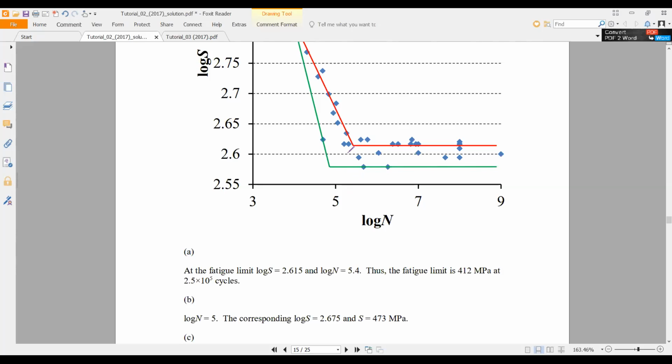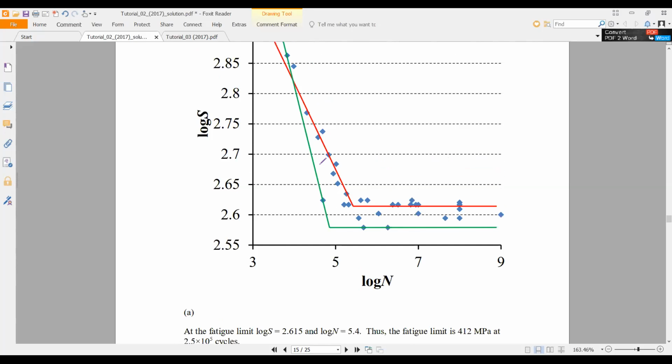But don't worry, because for the lower limit, there are so many testing data above that limit. That's why. But this is the lower boundary. Normally, when you do the calculation, we will consider the lower boundary. Obviously, yes, but there's so many data distributed around this red line, isn't it?